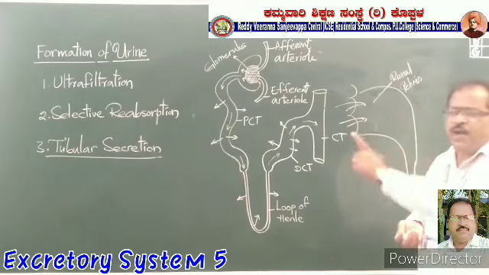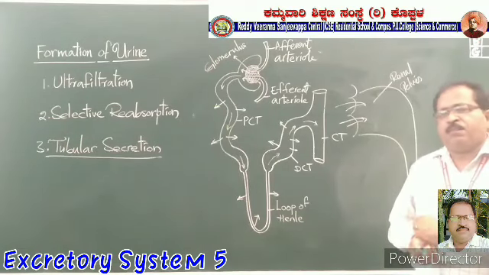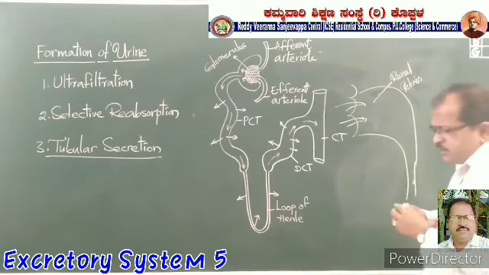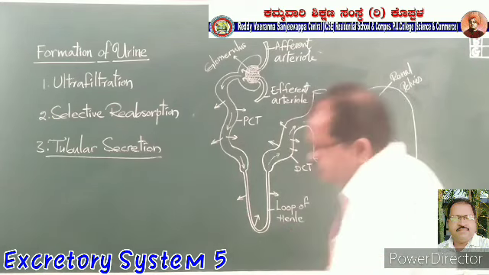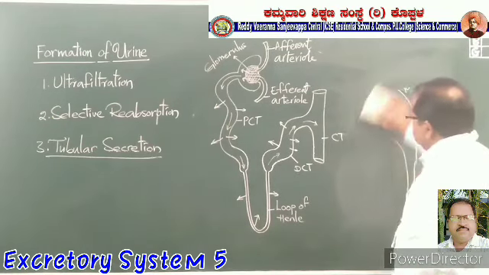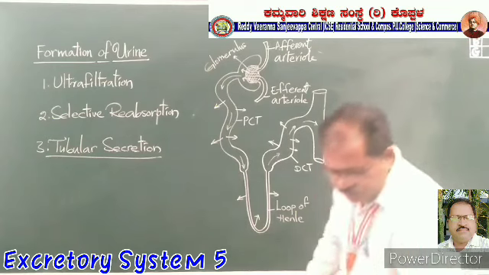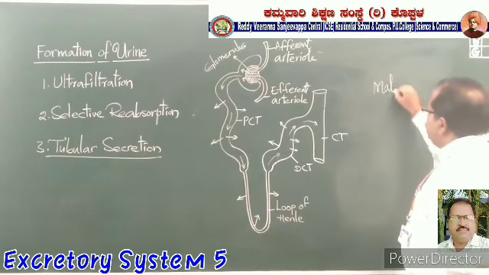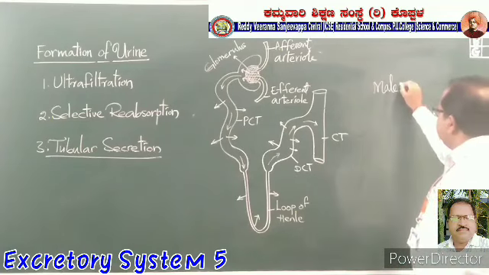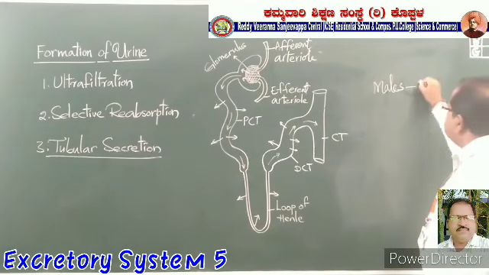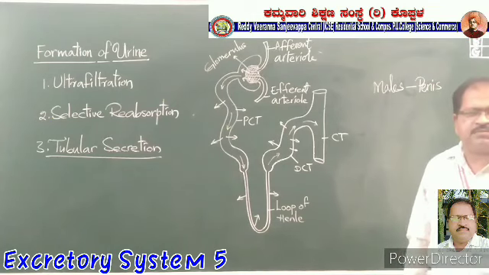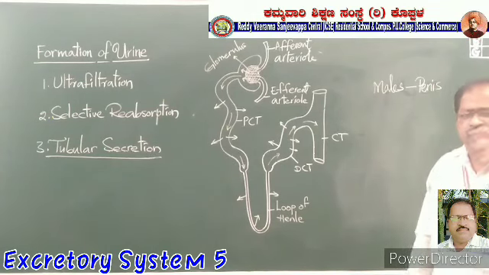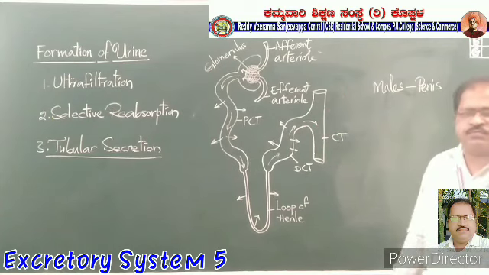Immediately the urine will be passed through the urethra. In males, the urethra is connected to the penis, the reproductive organ, and through this the urine is passed out.